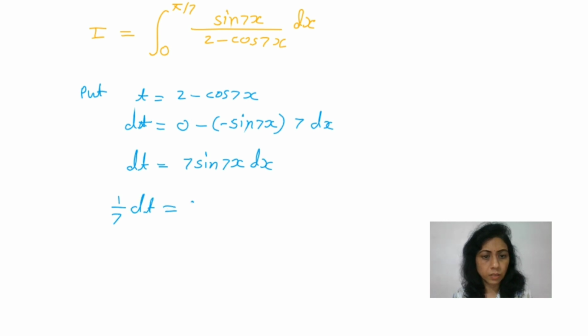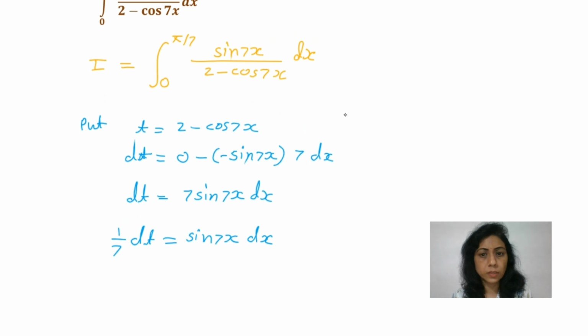Okay, so sine 7x dx, and here the limits: x tends to 0, so when we put 0 here, 7 times 0 is 0, cos 0 is 1, and 2 minus 1 is 1, so t value is 1.